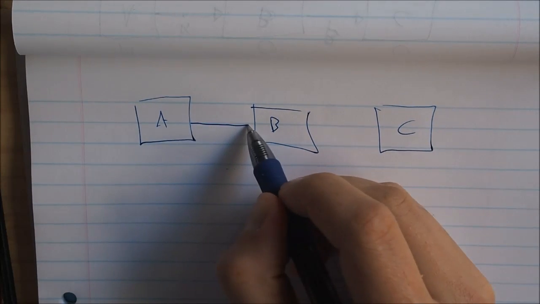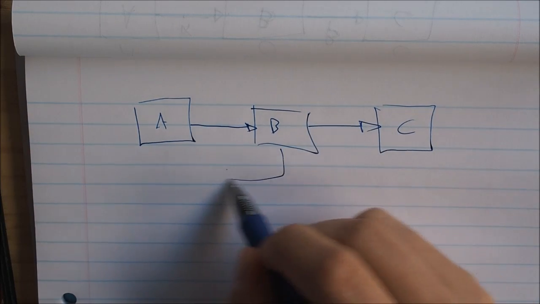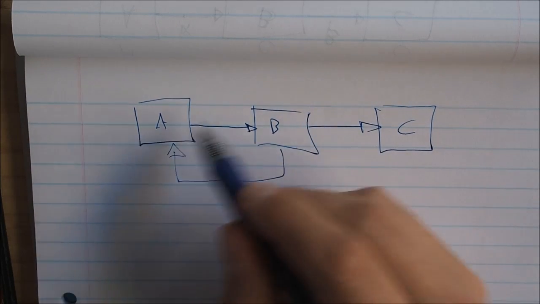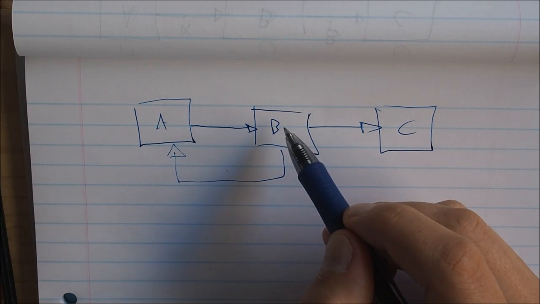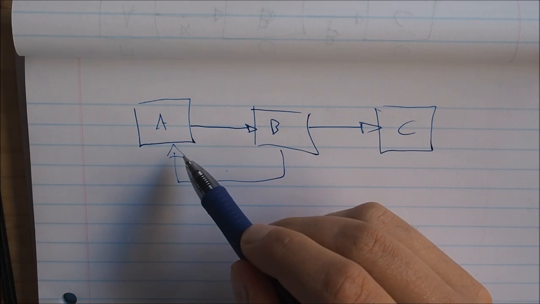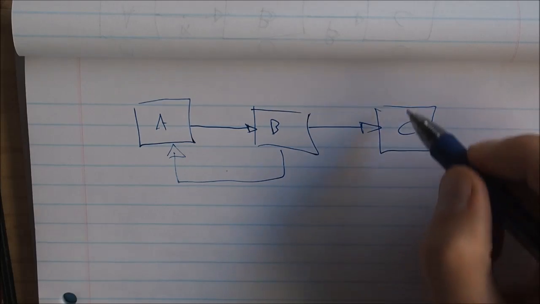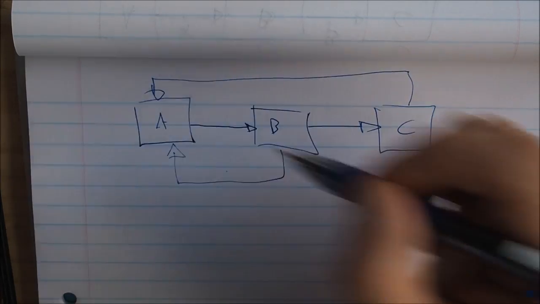Some substance becomes B, maybe B sometimes becomes C, but it also sometimes becomes A. So you have this kind of feedback loop. As A decays into B, B will also decay back into A, and then subsequently back into B, but also some of it will become C, and maybe C becomes A as well.